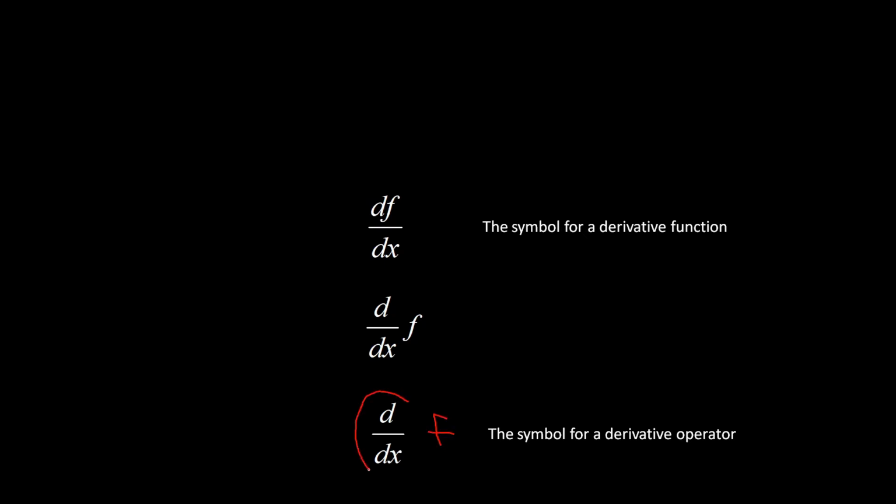So think of this as an instruction. It's saying, take the derivative of whatever function comes next. And we're going to use this notation. The book does as well as MyMathLab. And so this is our two pieces of new notation. The symbol for the derivative and the symbol that's telling you to take a derivative.